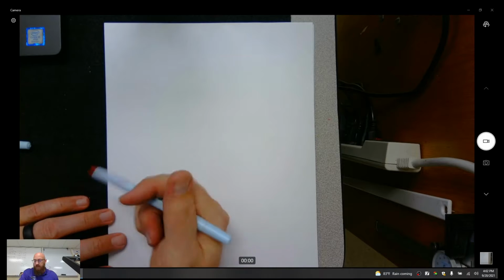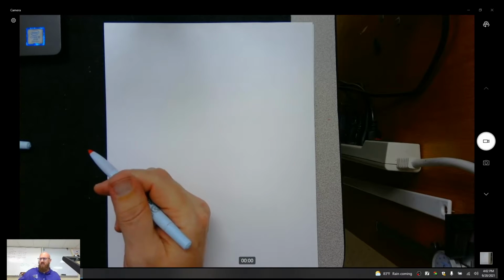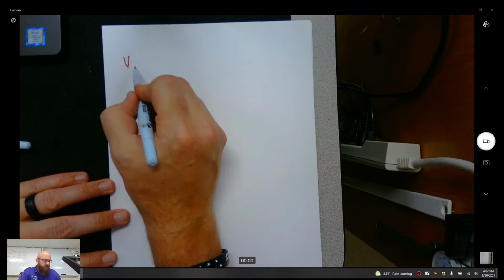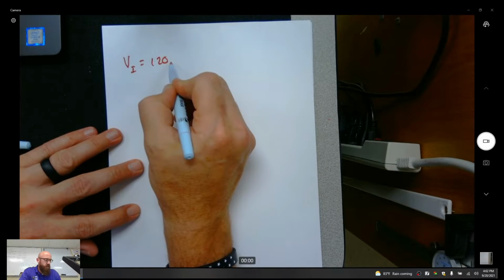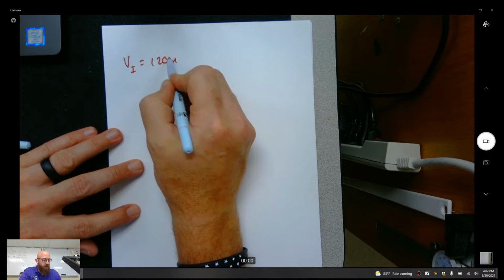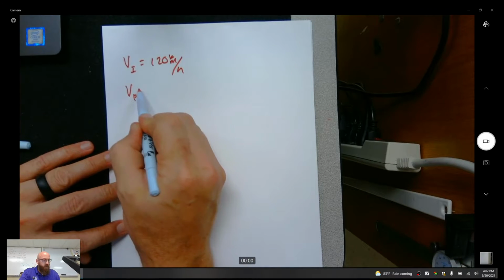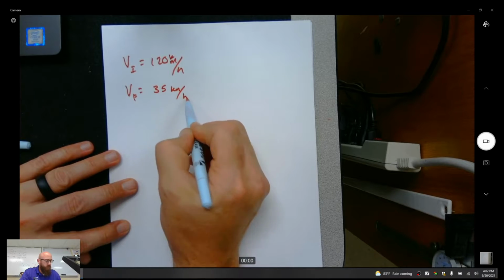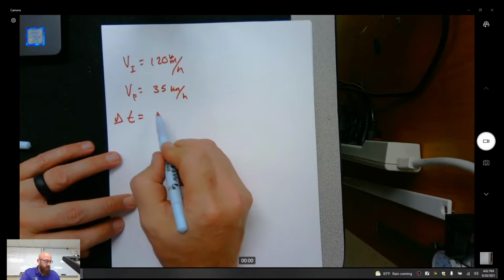So the second one we had a problem with was a bus or a car or something like that speeding up. The velocity of the car initially was like 120 kilometers per hour, and VF slows down to like 35 kilometers per hour in a delta t of, I don't know, 38 seconds.